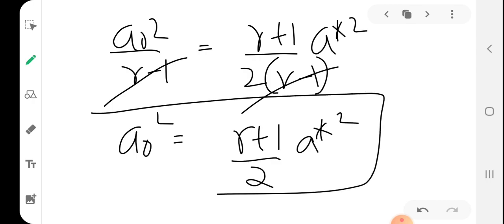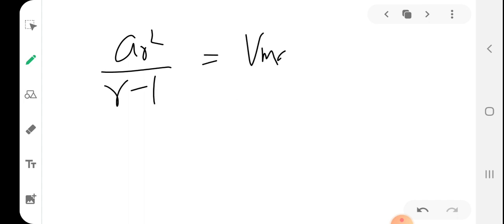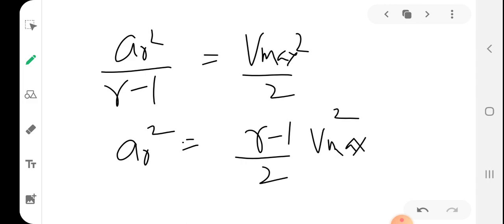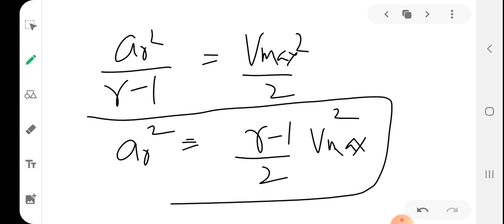So this is A0 in terms of a star, the stagnation speed of sound in terms of critical speed of sound. Similarly, A0 square by gamma minus 1 can be written as V max square by 2. So A0 square can be written as gamma minus 1 by 2 V max square. Right? This is A0 in terms of V max, the maximum velocity.